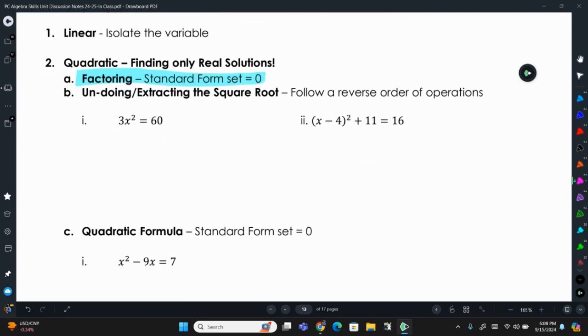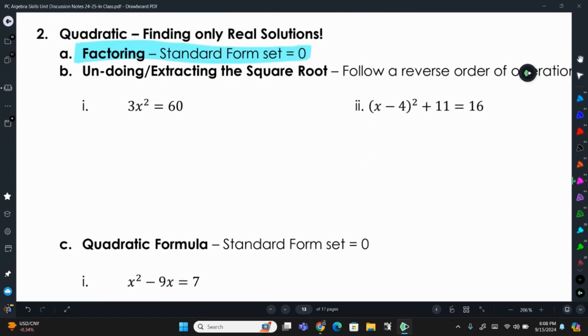Undoing or extracting the square root is kind of like the linear functions, but we have to square root at some point. Whenever we get x by itself, we have to square root. So for example 1, if we divide both sides by 3, we get x squared equals 20. But x is not by itself, so we have to square root both sides.